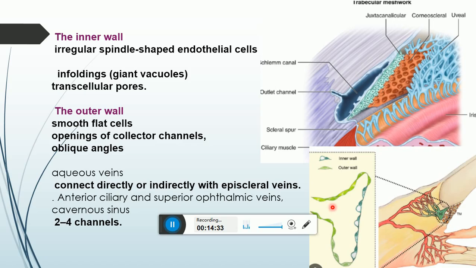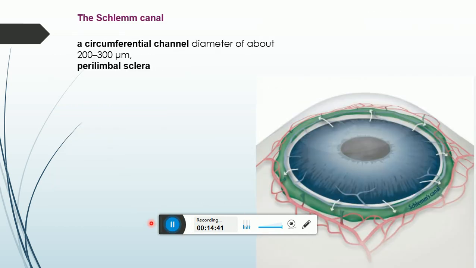The septa commonly divide the lumen of the Schlemm canal into 2 to 4 channels. So it is a circumferential channel of diameter about 200 to 300 micrometer in the perilimbal sclera. And these are the episcleral veins.